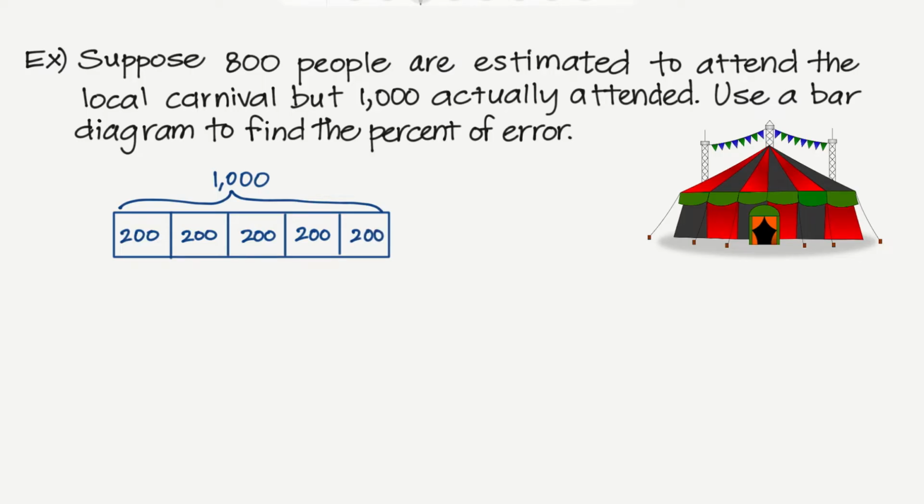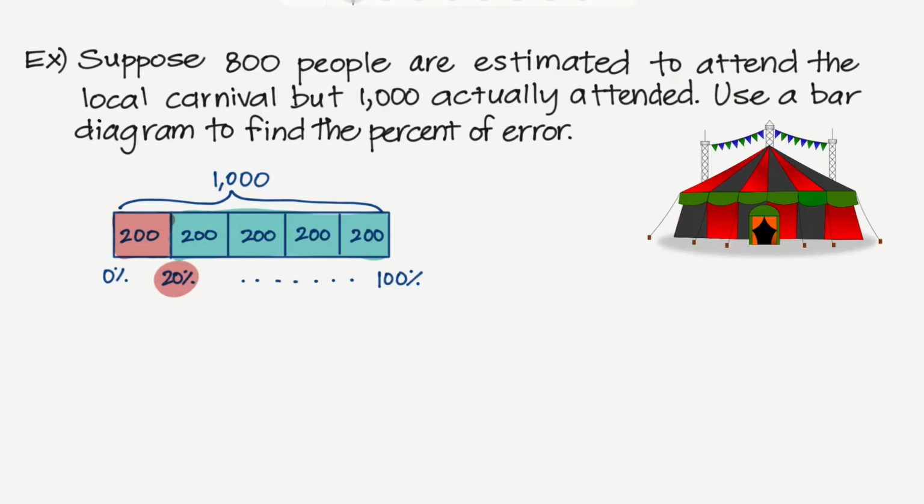So now I'm trying to find the difference between that 800 and the 1,000. And so at the bottom, I'm going to just write out different percentages. Each of those sections would be representing 20%, and if I have all 5 of them, that represents 100%. So we already saw that 800 people were estimated, which means that 200 people on top of that actually came.